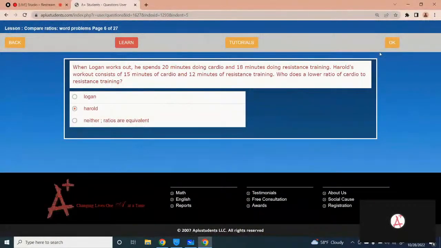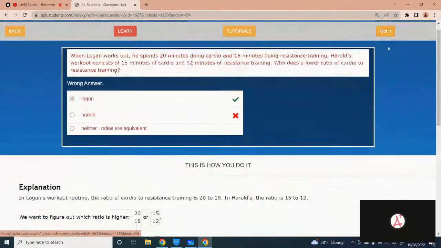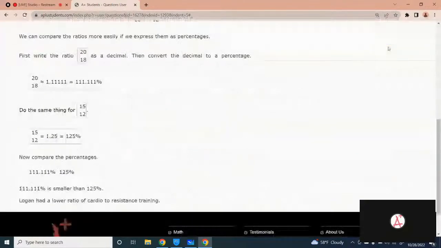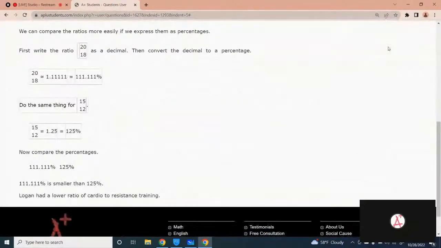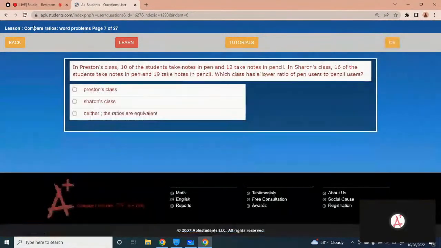Got it? Okay, so you can complete the test by yourself later today.